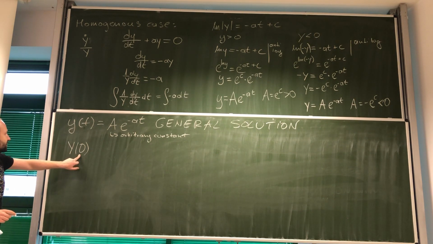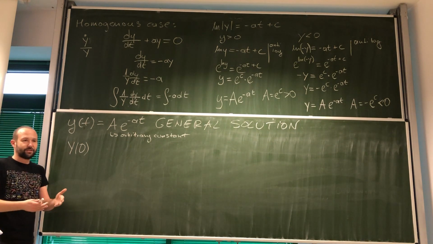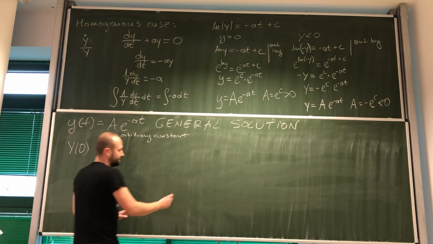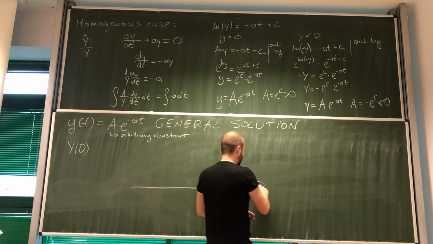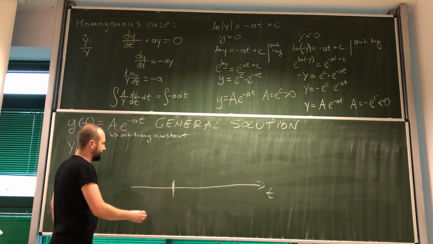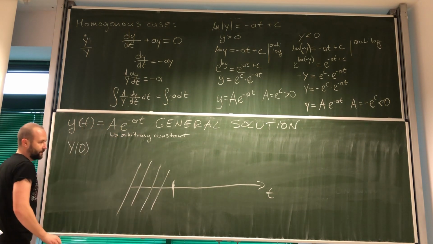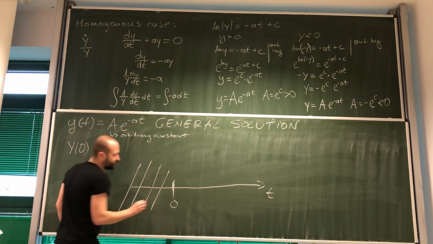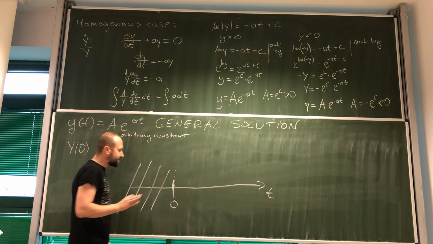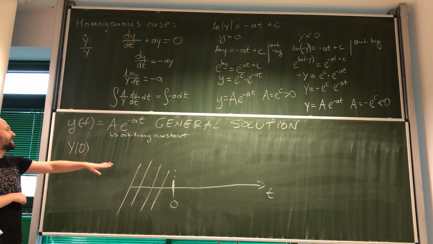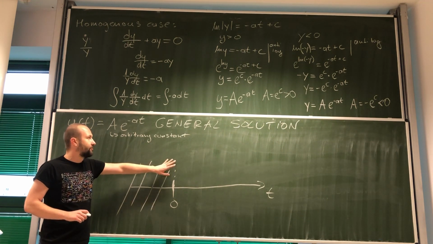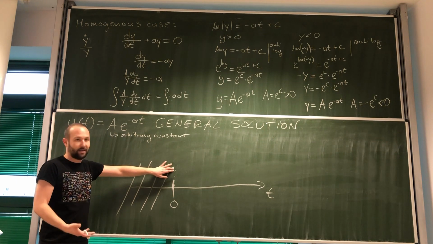Let's imagine that we are starting our analysis from some point in time, right? So time is going over here, and we are starting at this point. And we are not interested in what was happening over here. So we can assume that we are starting at some point 0. And in order to find the appropriate solution, we need to know what was that value of the variable of interest at the very beginning, right?